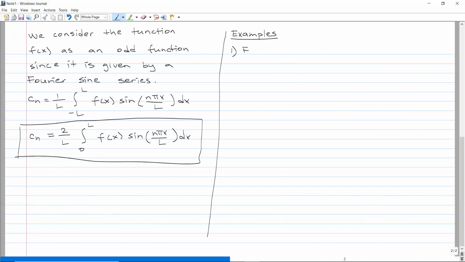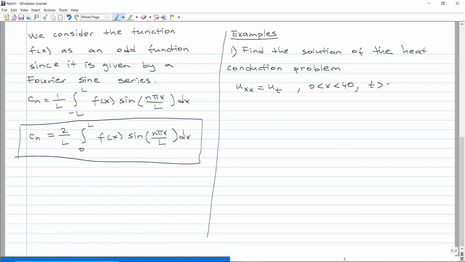Find the solution of the heat conduction problem u_xx equals u_t for x between 0 and 40, t positive.